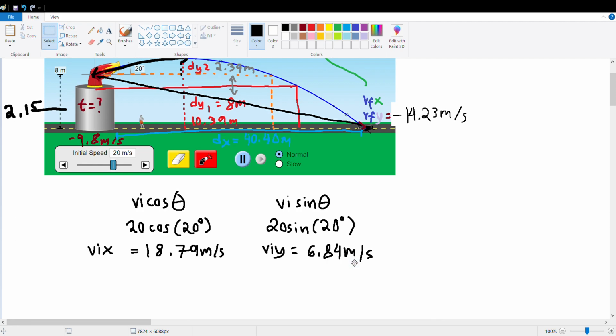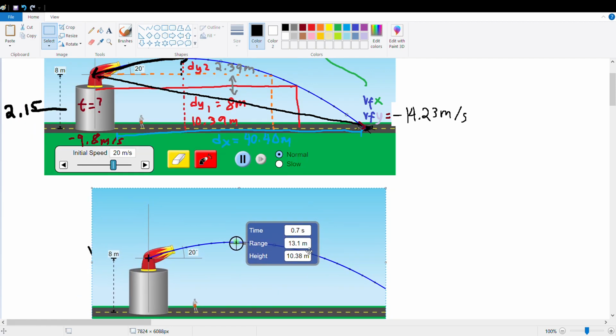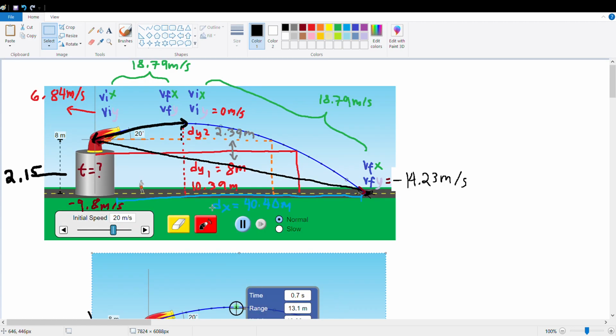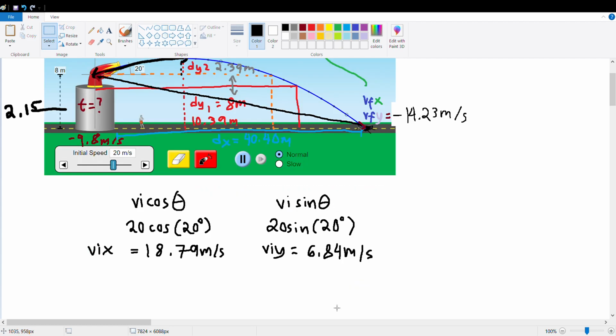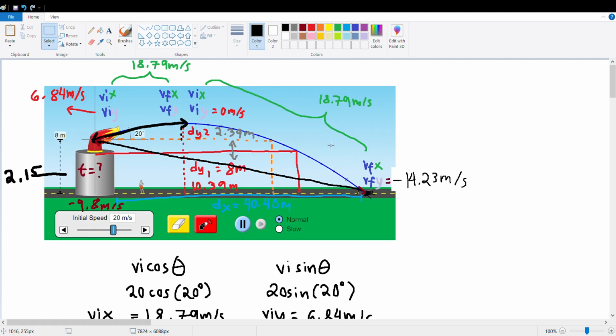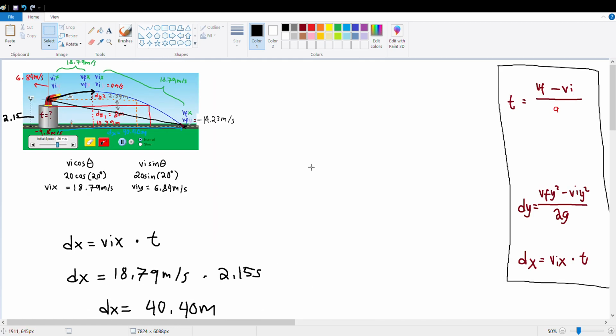And then for our height, I will also take a screenshot, which is for our height here is 10.38 and ours is 10.39, which is close, which is also the same. And to check for VFY, I think you just need to check it by formula, but this is pretty much it.